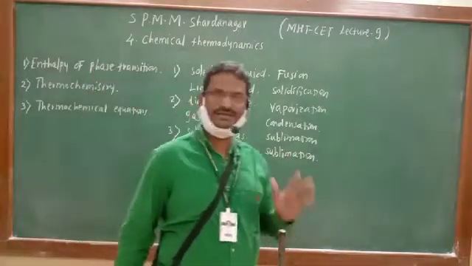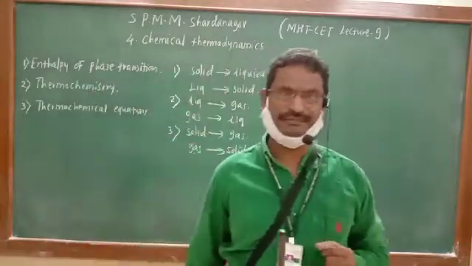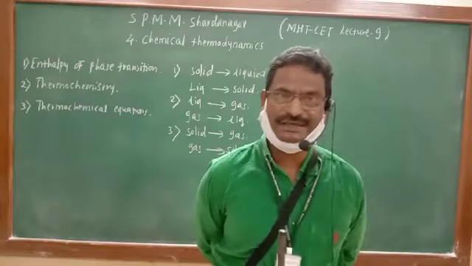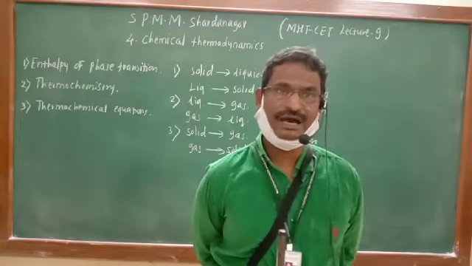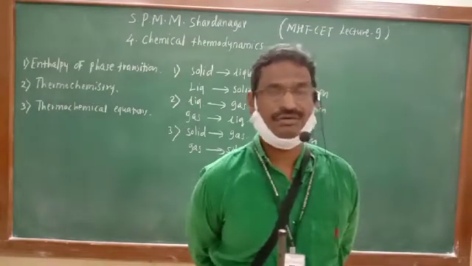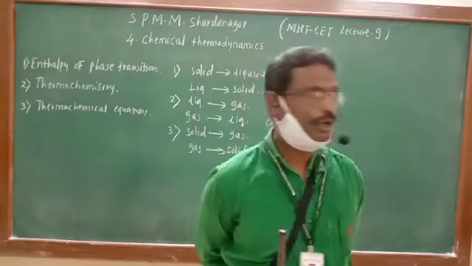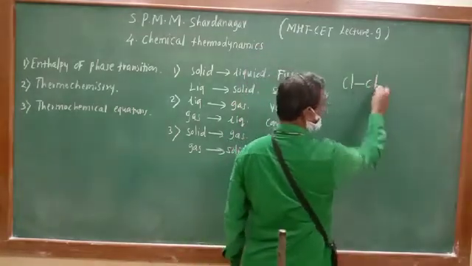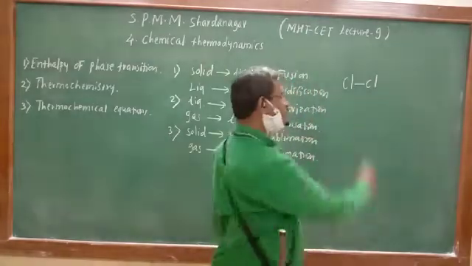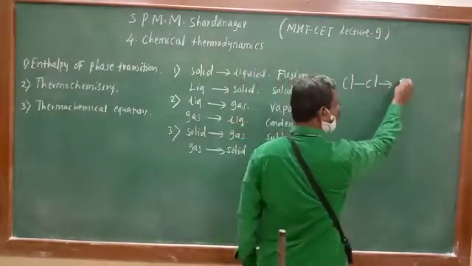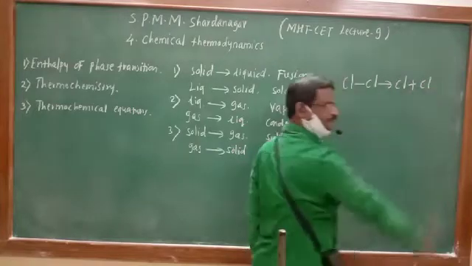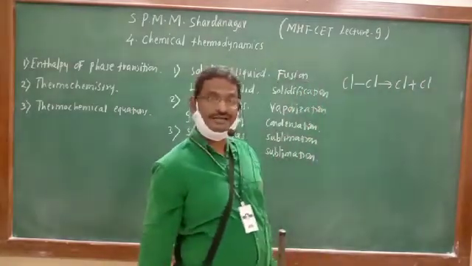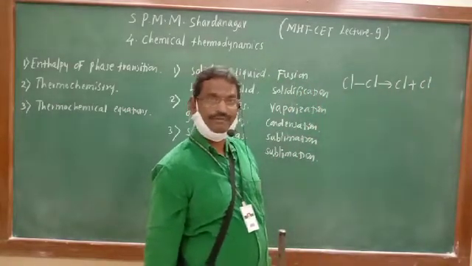Further, enthalpy of atomization is there. Enthalpy of atomization means atoms are formed from the molecule. A molecule undergoes breaking, for example Cl2, a molecule. The bond between the atoms will be broken, forming Cl plus Cl. Two atoms are separated from the molecule.